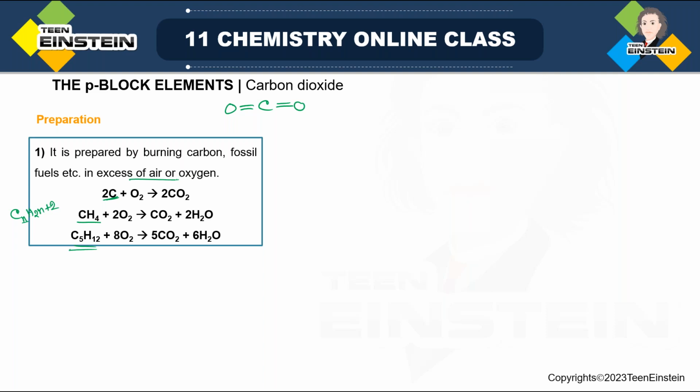Because if there is excess oxygen, there will be formation of CO2. But when we want to make CO only, there should not be excess air. But now we want to make CO2, so that is why we have to take excess air or excess oxygen. Okay, so in all these reactions there is formation of CO2. Only when we have taken a hydrocarbon, in the second and third equations, we are also getting water as a byproduct, but this is our main desired product.